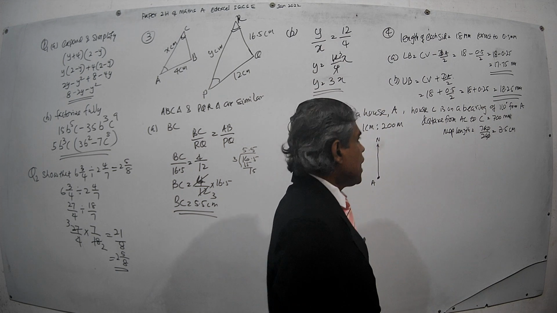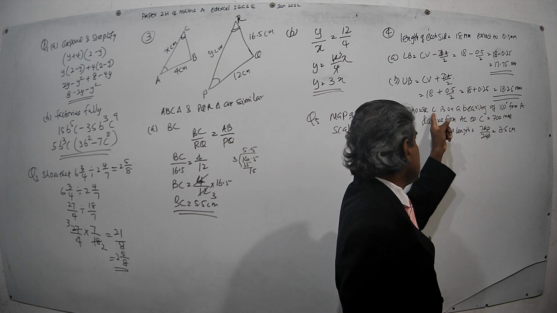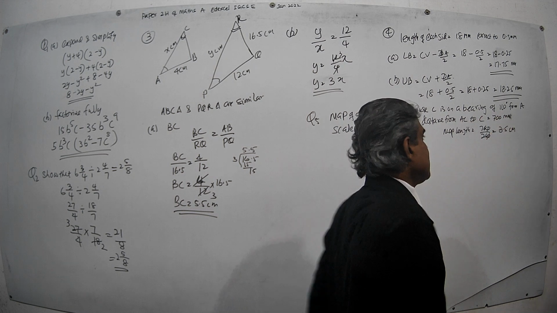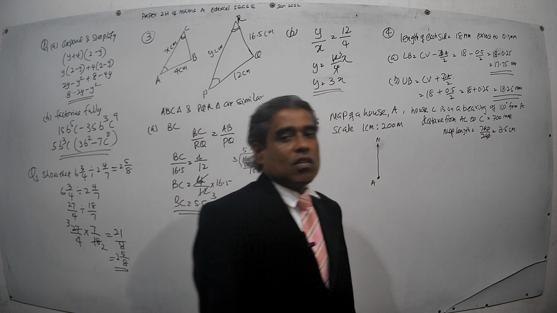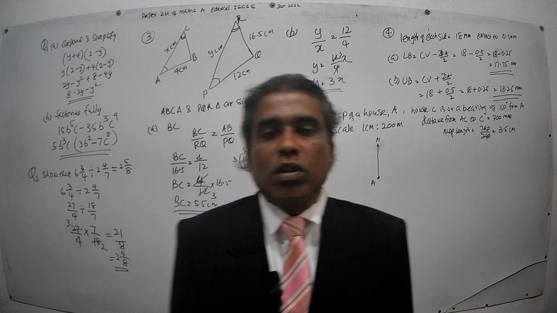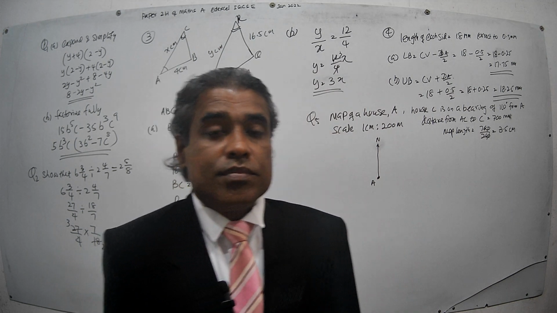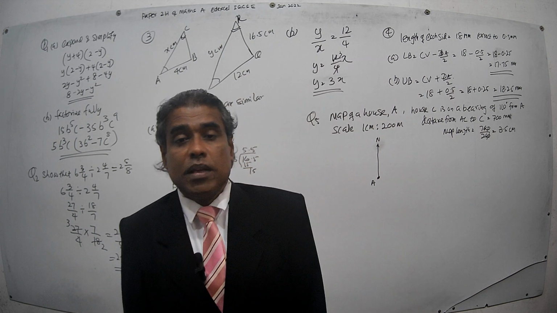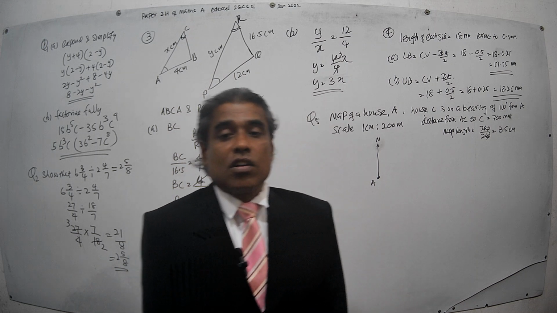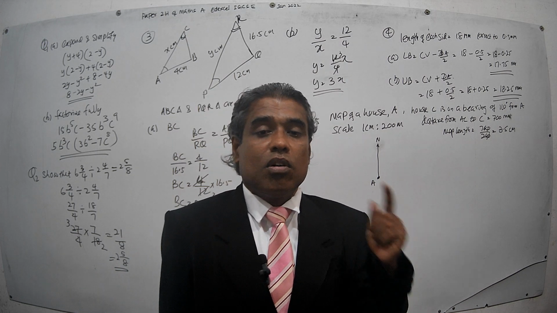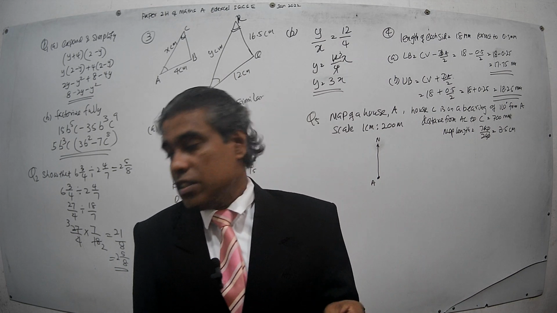Then they say the bearing of C from A is 110. What is bearing? Bearing is the clockwise angle from north about one point towards another point.